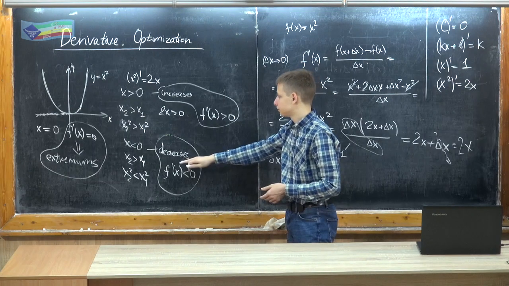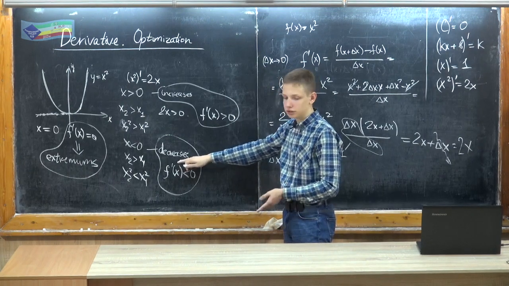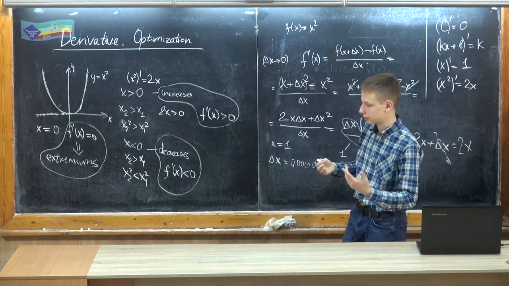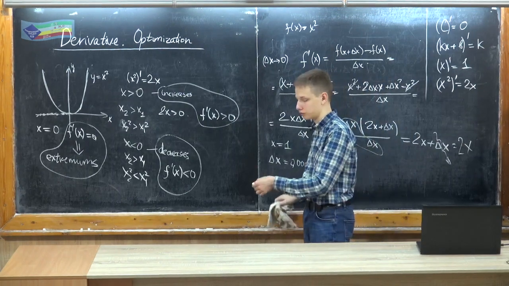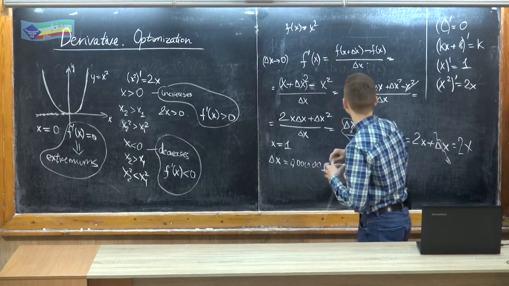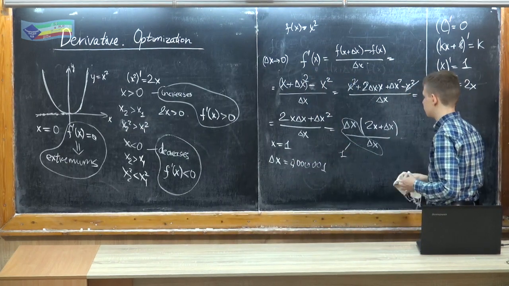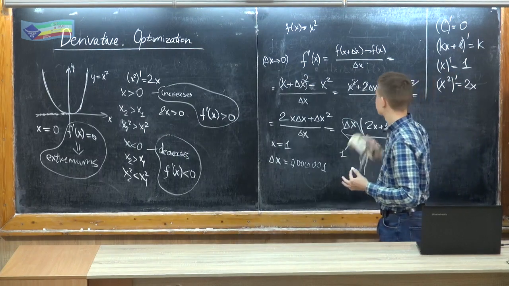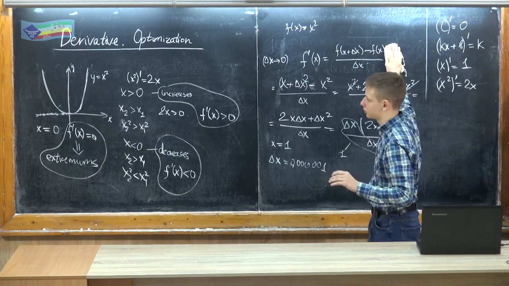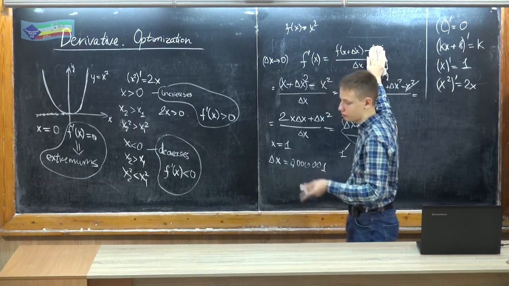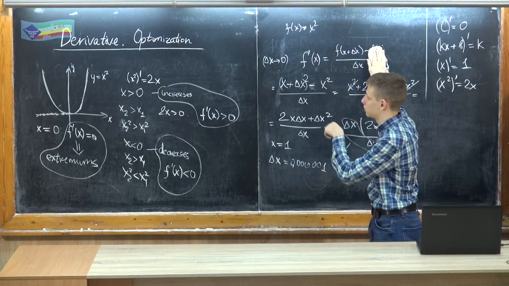And if our function is decreasing, then we can just take smaller x's and get bigger values of the function. So let's have a break, and after that we will calculate a bit more of derivatives, and then we will talk about optimization.